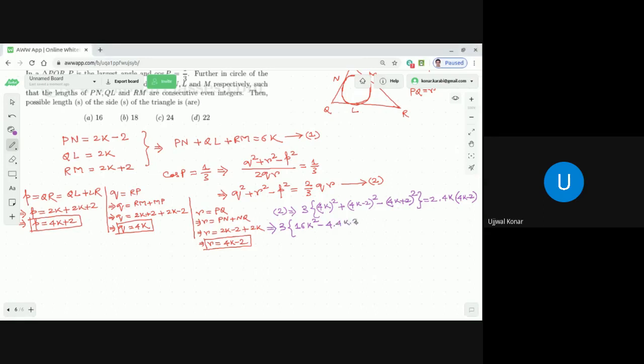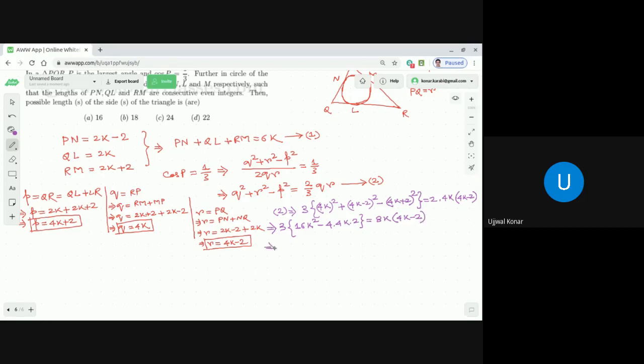Correct, dear students? Because we know that A plus B whole square minus A minus B whole square is equal to 4AB. So A minus B whole square minus A plus B whole square should be minus 4AB. And that is equal to 8K into 4K minus 2.